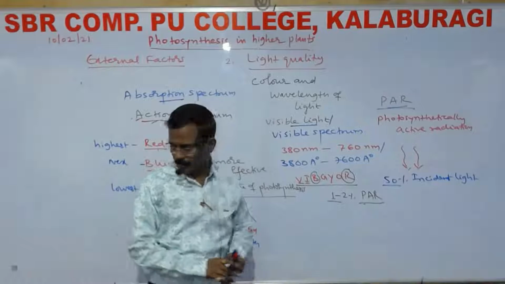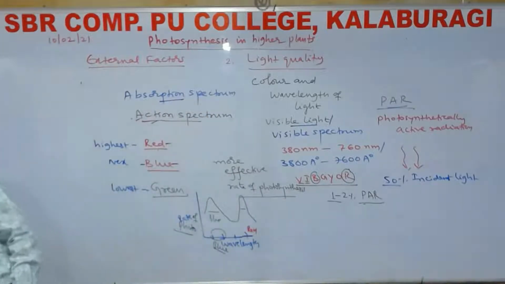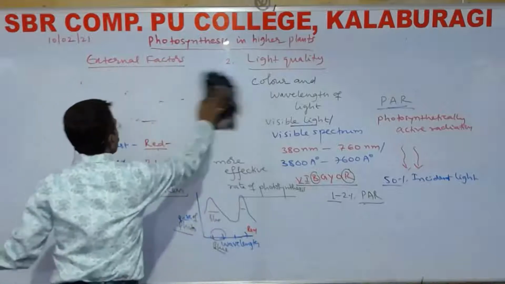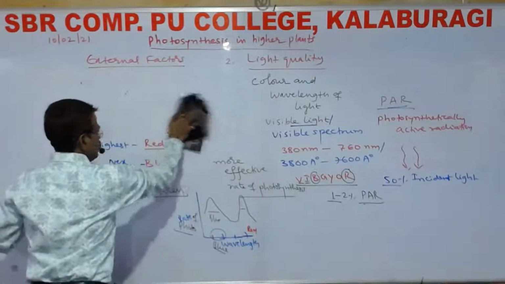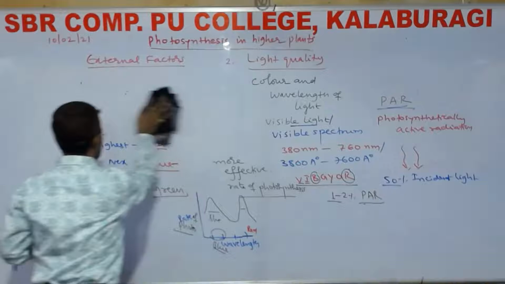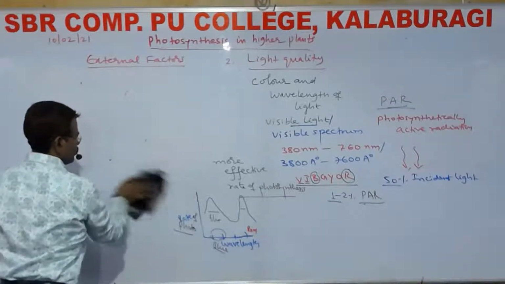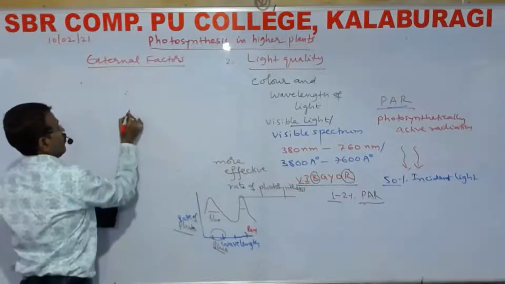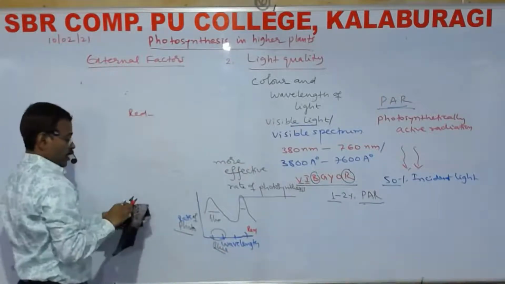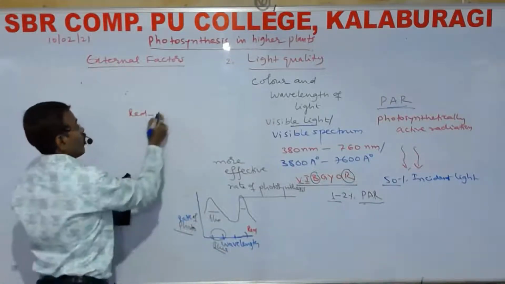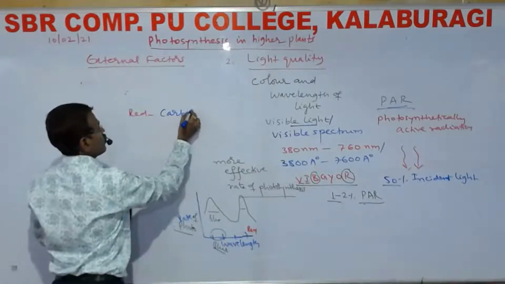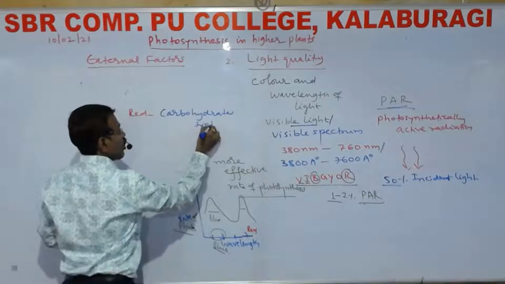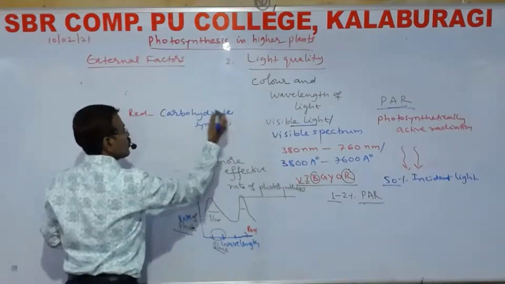Now, in this regard, we have to learn 2 effects. Very important, not even in NCERT. See, if red light is more, it is favorable for carbohydrate synthesis. It increases carbohydrate synthesis.